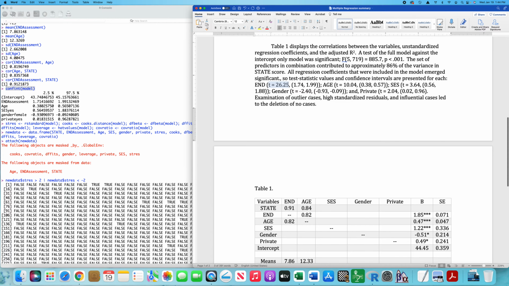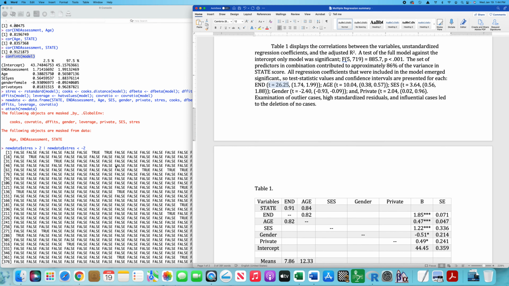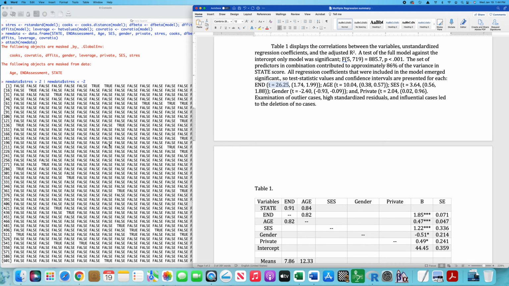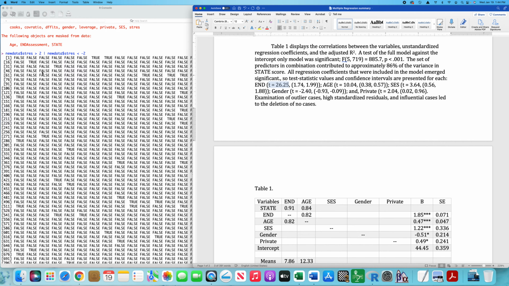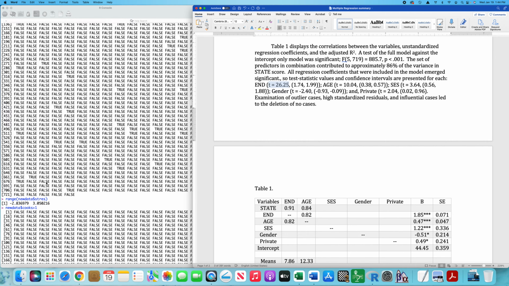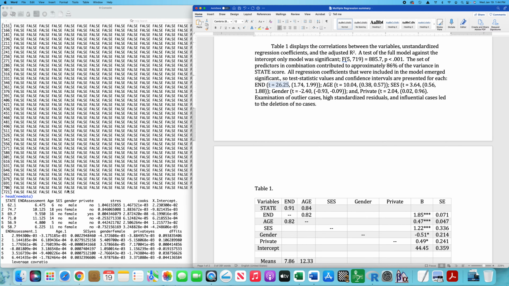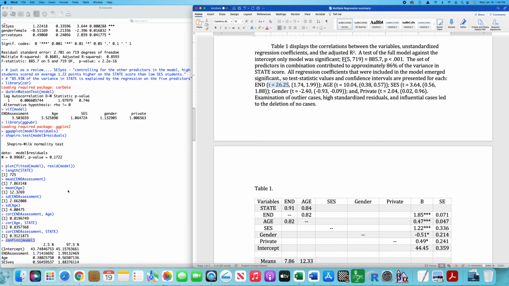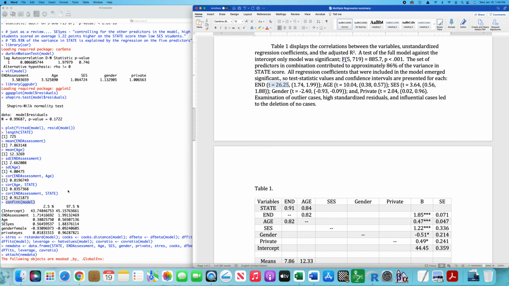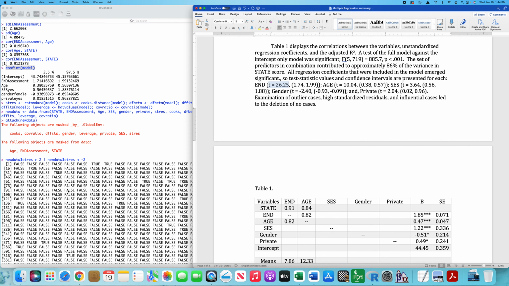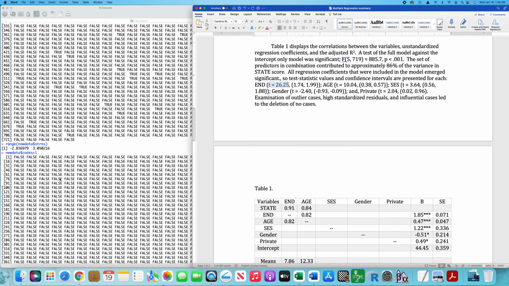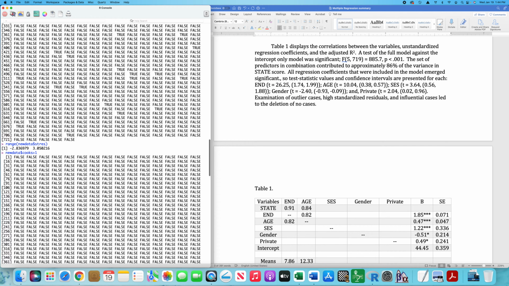Now, I went through all the outliers and leverage. One thing I did find, and I just glanced over it, is I had quite a few cases that had high standardized residuals. I actually ran the range of the residuals right here. It ranged from negative 2.8 to 3.05.